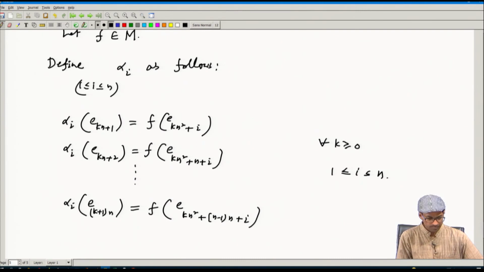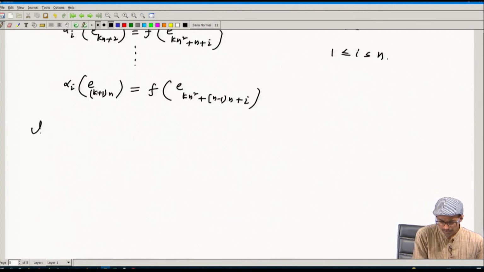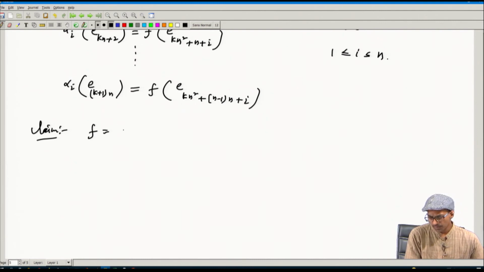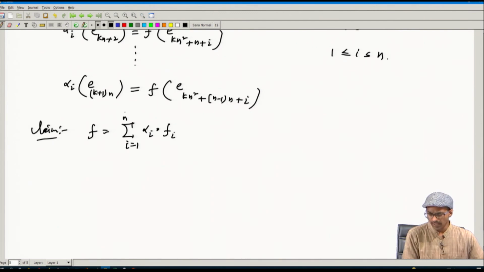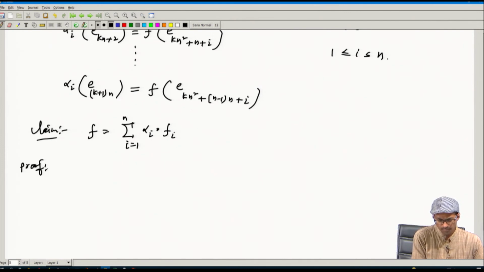Now the claim is that our f is equal to the summation of alpha_i composed with phi_i, i from 1 to n. Let us see the proof of this claim.